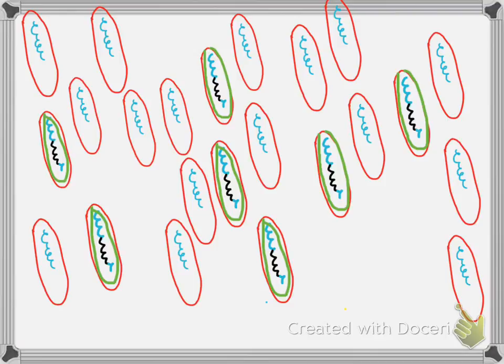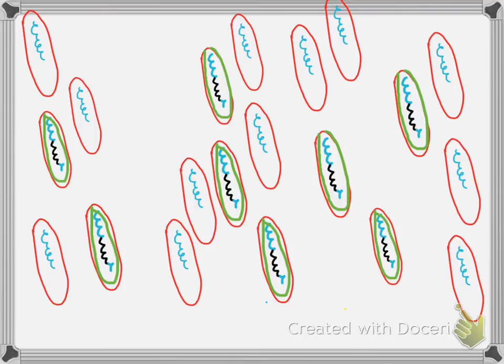And since bacteria reproduce asexually, their offspring are largely identical, not exactly always because of mutations, but they are largely identical to the parents. So this is natural selection at work. Straight up, straight out, natural selection.